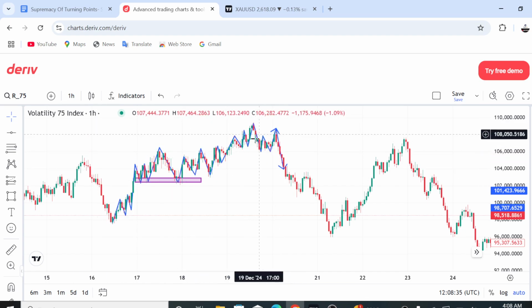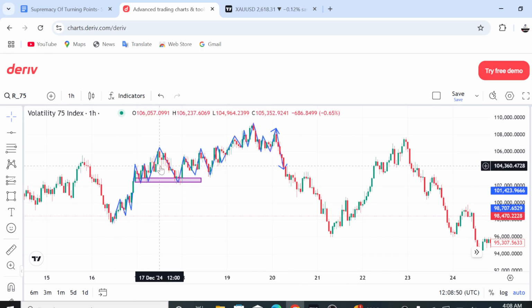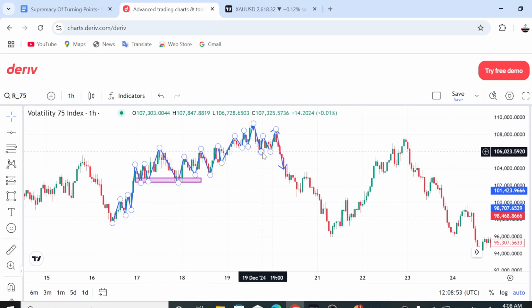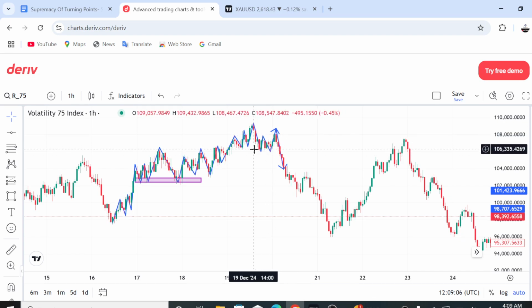Instead of the market making higher highs as it used to, it made a lower high here, but it couldn't make a lower low. So the market is making higher highs, higher lows. If you check well here, it just made a lower high and then an equal low, and then a higher low, and a higher high, I'm sorry.